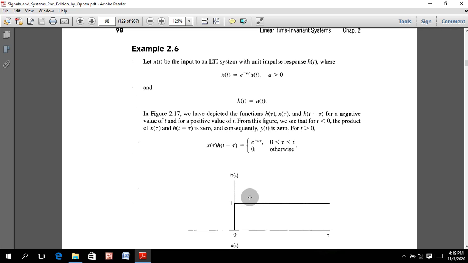Now we will consider some examples. If we take a close look at the example here, what has been said is: let x t be the input to an LTI system.